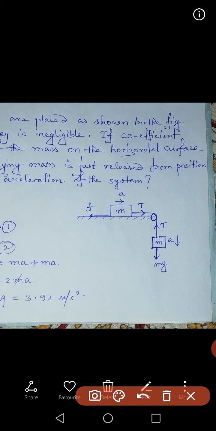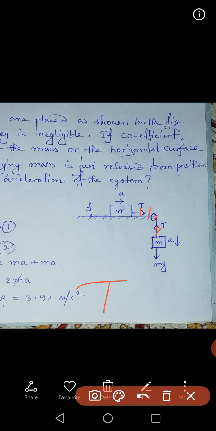See the arrow that I have given, away from the object. This is the direction of tension. And since the whole string is attached between two masses, m, with no other mass here, at each and every point the value of tension will be equal, which is T.